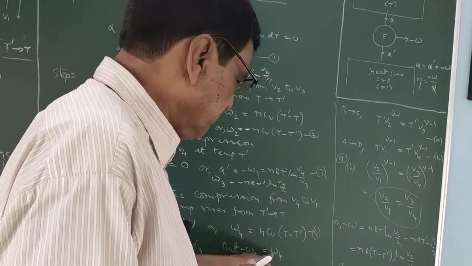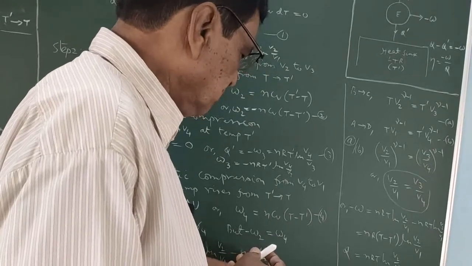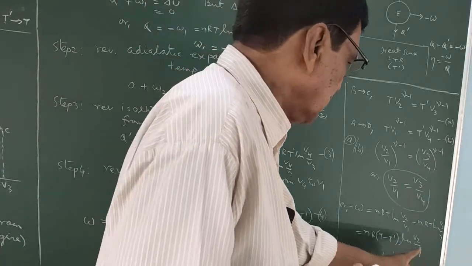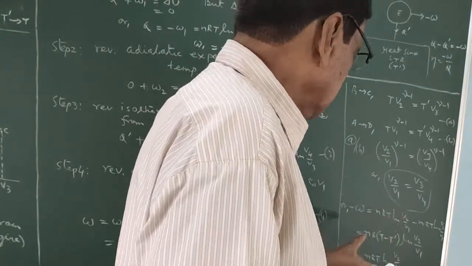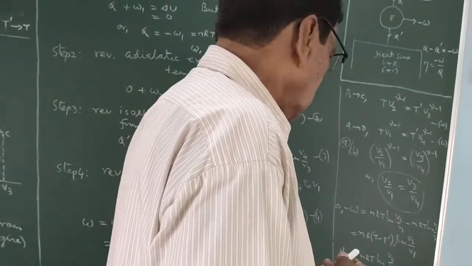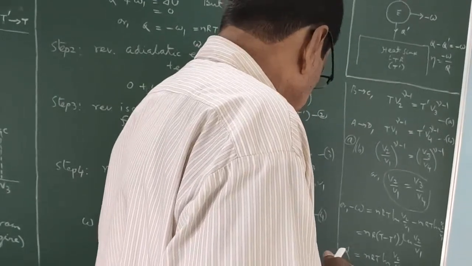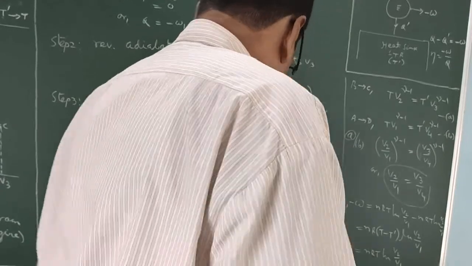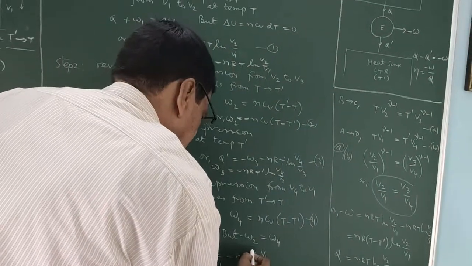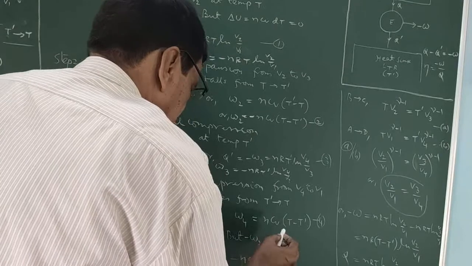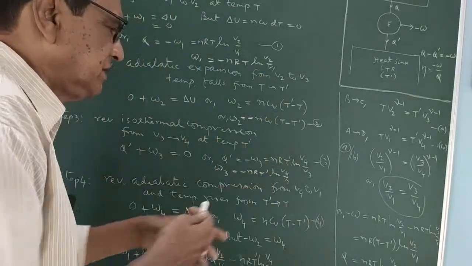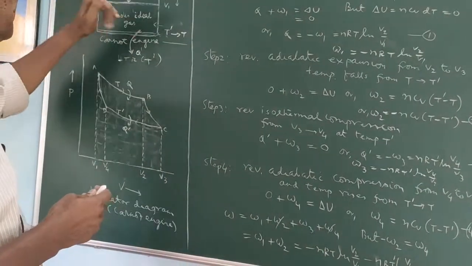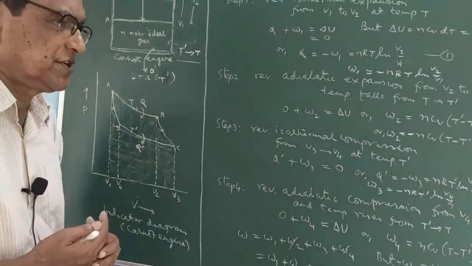But if we invert this volume, V3 upside and V4 downside, then it will be minus nRT dash ln V3 by V4. Let me see later. First of all, the system is coming to its initial state.